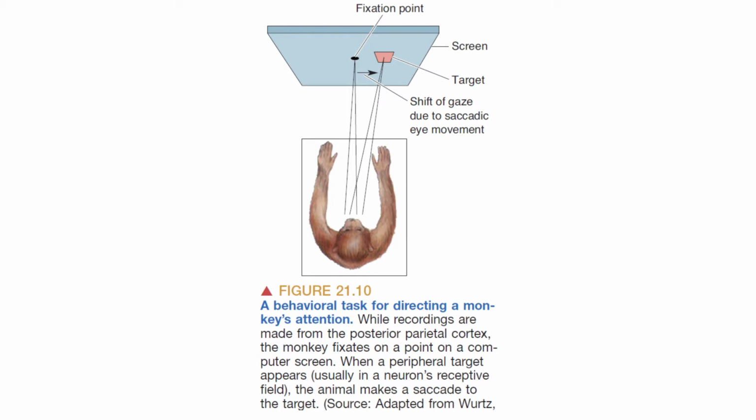So this image, figure 21.10, is showing the experimental task, which consists of the monkey sitting in front of the screen. They have to fixate at the center of the screen, and then they will see one target stimulus flashed either to the left or to the right of the screen, and they have to move their eyes from the center of the screen towards the stimulus.